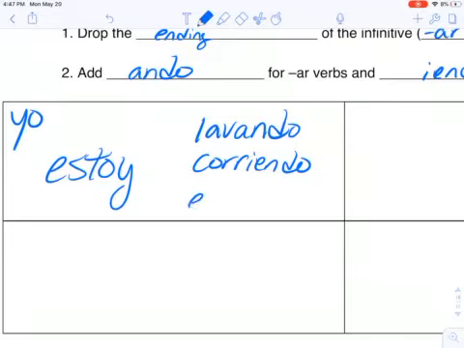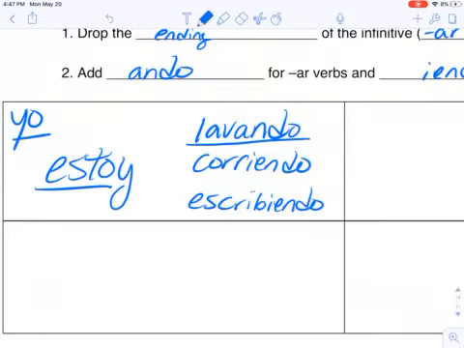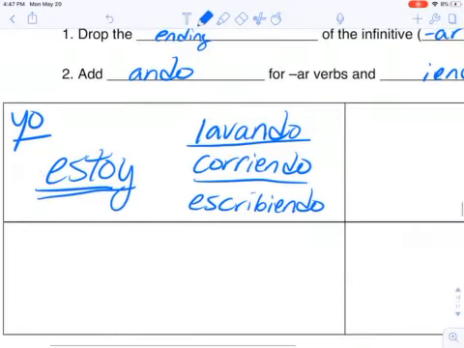If your verb was escribir, I would remove the ending and add the ending yendo again. So I am washing, I am running, I am writing.